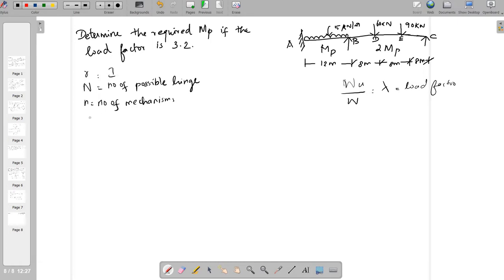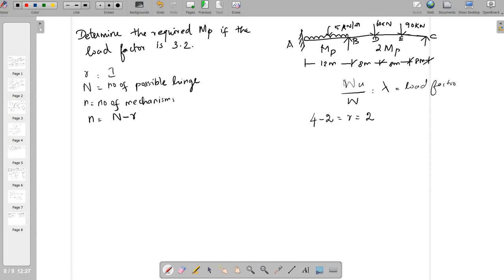We can find the number of mechanisms as n = N minus r, that is, number of possible hinges minus redundancy. So we can find the redundancy. Here it is 4, the total number of unknowns, and 2 is the equilibrium equations. So the number of redundancy is 2.